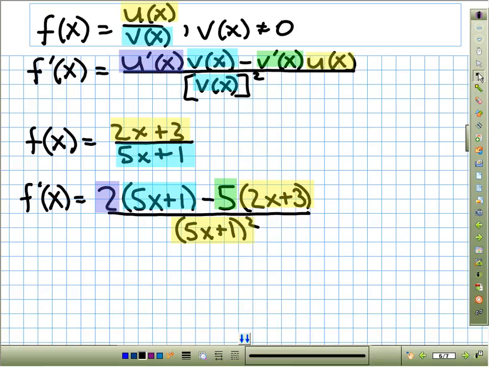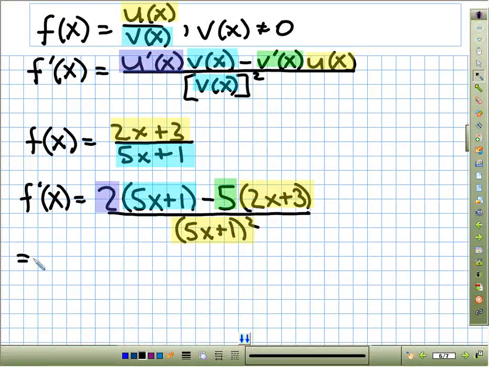Now, the only thing that's left to do is simplify. Now, in general, we're not going to multiply out this bottom. In general, the simplification is going to involve doing something with the numerator. You can multiply out the denominator, but in many of these problems, it's not going to help you. More often than not, you're better off leaving the denominator just as something squared.